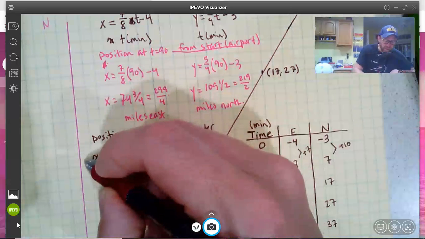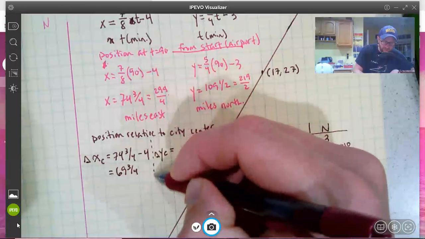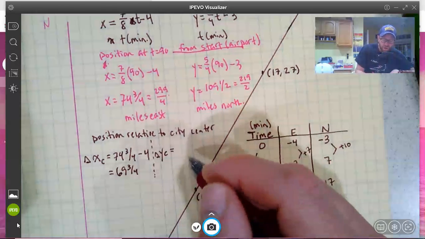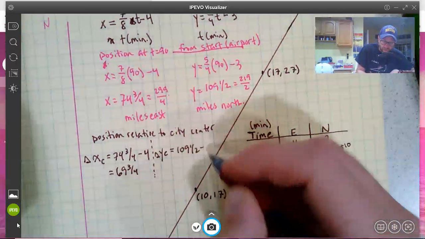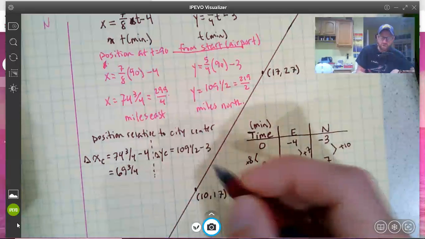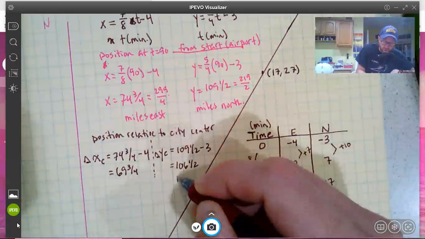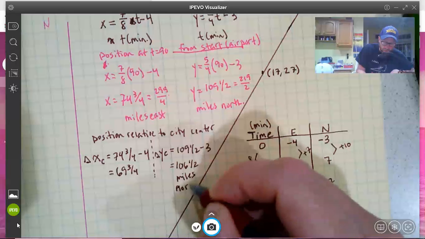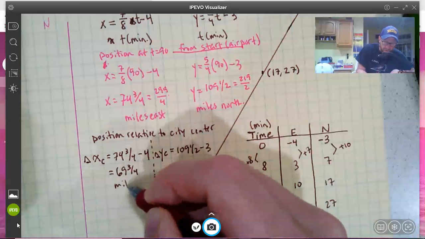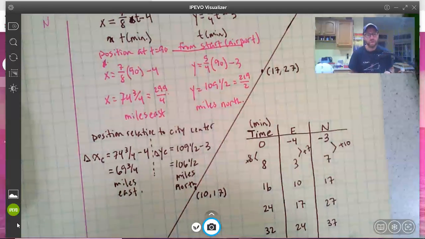I should call it change in y and change in x, perhaps. Yeah. Would be 109 and 1/2 minus 3, because we started 3 miles closer. So that's 106 and 1/2 miles north. And this is miles east. Okay. So we have one other thing to do.